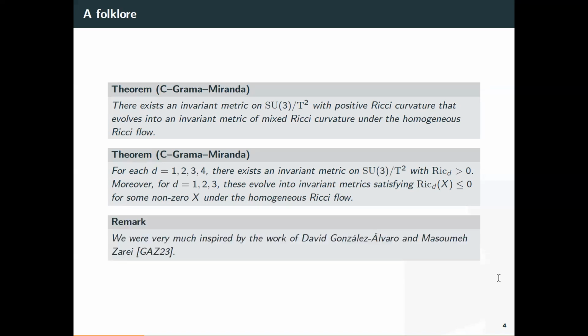And why did we get interested in proving this kind of result? This came from when we went to a conference in Cordoba where I met Emilio, and there are people working on amazing stuff, and then suddenly we faced this work of David Gonzalez Alvaro and Masoumeh Zadi that I found quite interesting, and I had never thought about looking at positive intermediate curvatures in my life.